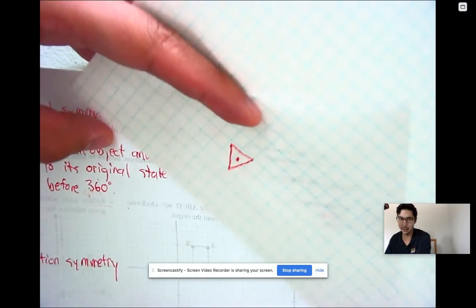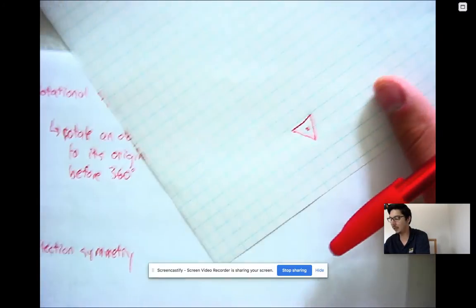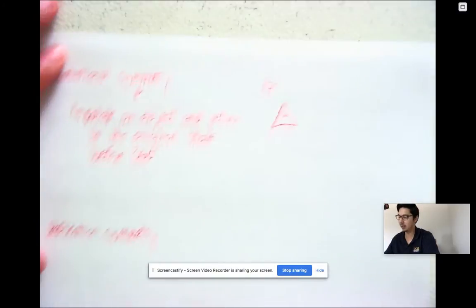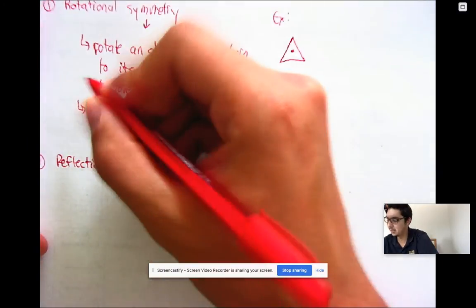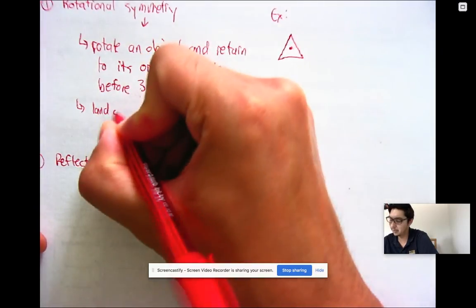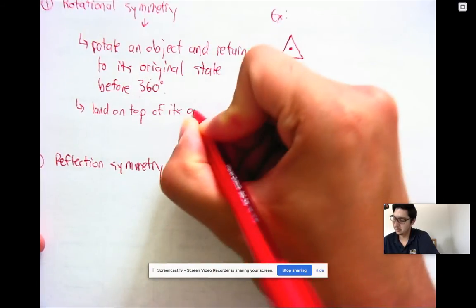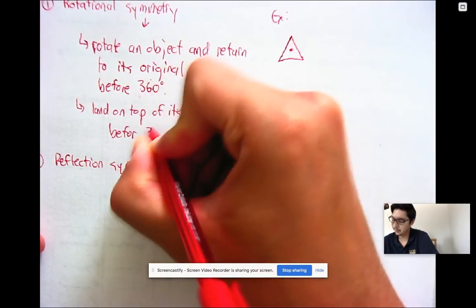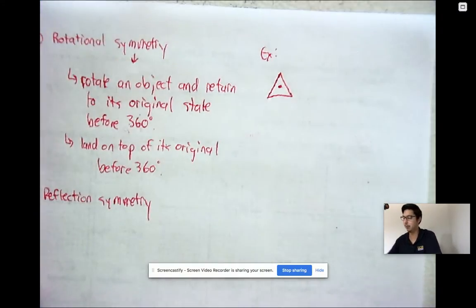They're no longer on top of each other, right? And then you rotate again and it'll be on top of each other one more time at that point. So maybe another way you can say it is you rotate an object, you return to its original state, or you can say it'll land on top of its original before 360 degrees.